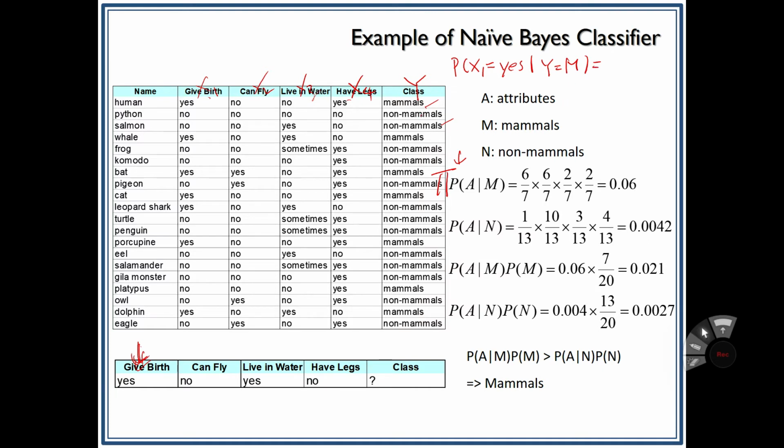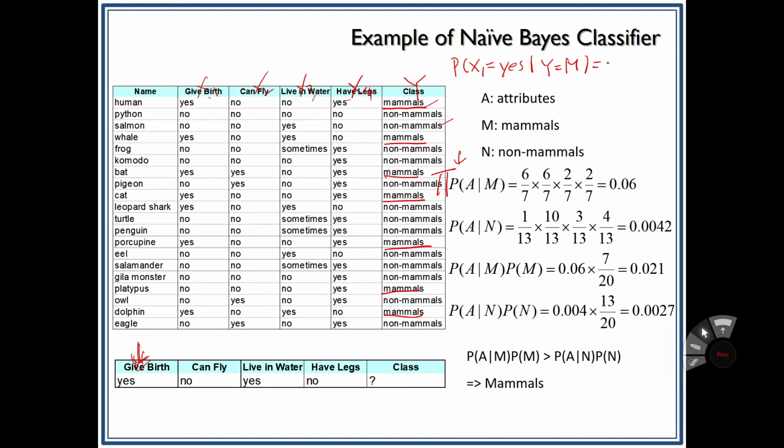We first take a look at the rows having mammal as the class value, that are this one, this one, this one, this one, and this one. In fact, there are 20 observations in this training set, and mammals are 1, 2, 3, 4, 5, 6, 7. So 7 observations.